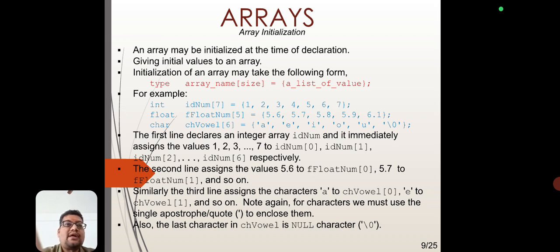Initializing an array may take the following form: type, array name, size equal to a list of values, that is, elements in the array. For example, int idnumber[7] = {1, 2, 3, 4, 5, 6, 7}. So the first one is represented as 0 and the seventh one is represented as the sixth element of the array. Similarly for float and character.